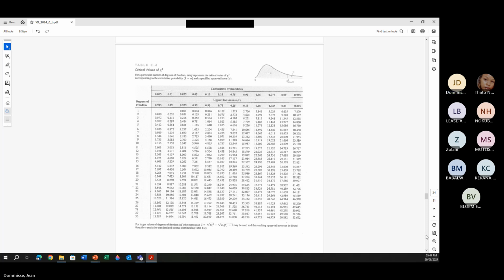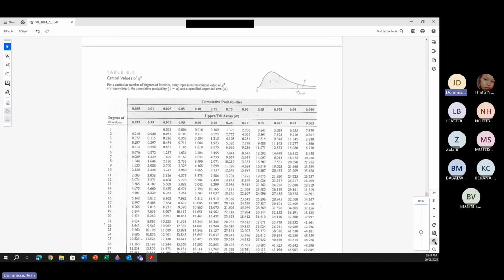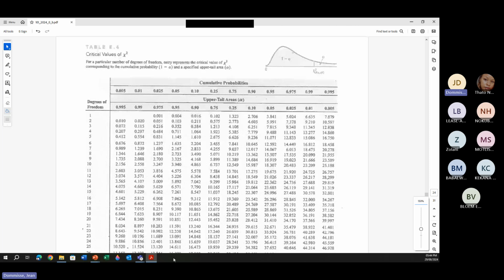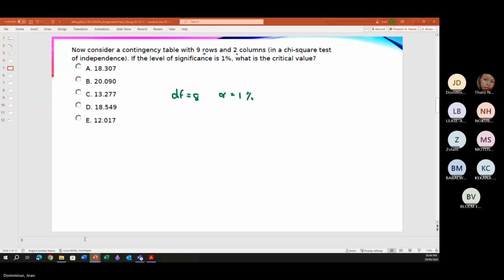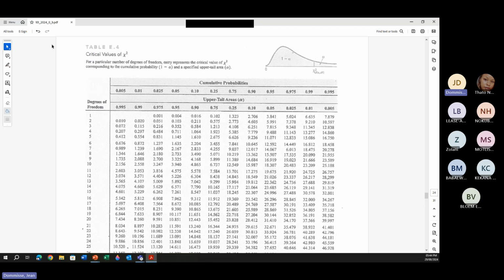So we're working with chi-square. We look at degrees of freedom 8, and the level of significance is 1%. 1% is also equal to 0.01.